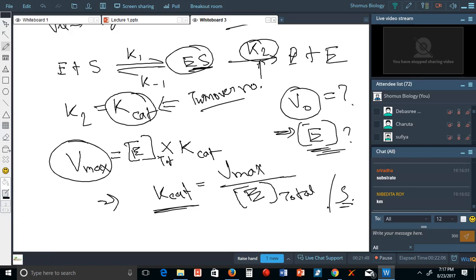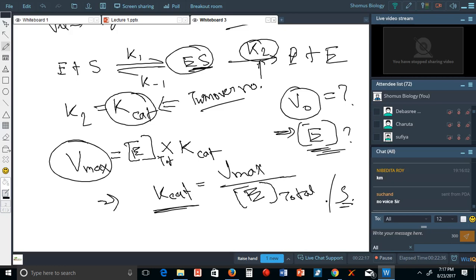Per second, per unit time. Kcat, or turnover number, is the maximum number of substrate molecules converted to product per second by each active site of the enzyme. Got it?